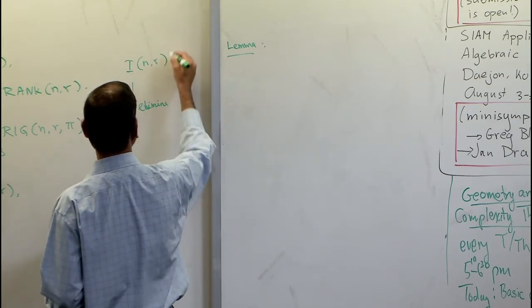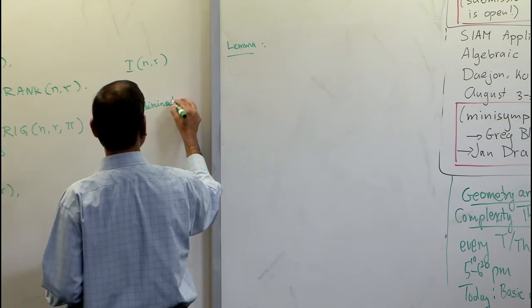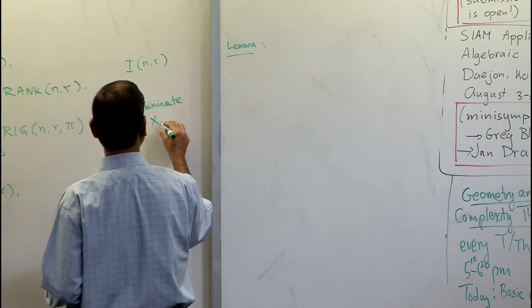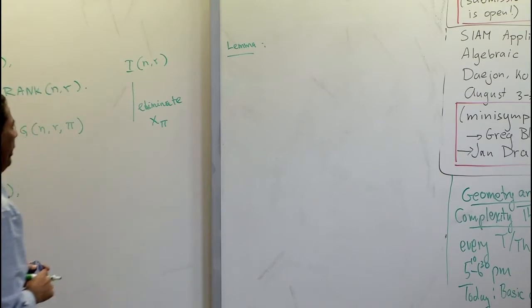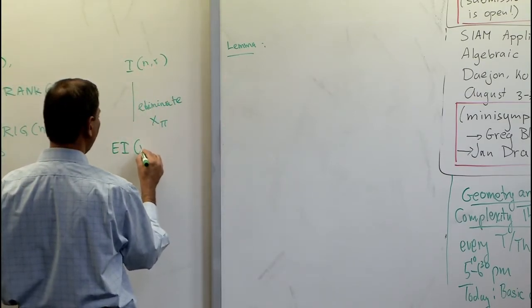This ideal is on all n squared variables. What I was trying to say is eliminate variables indexed by pi out of this, and then you get an elimination ideal.